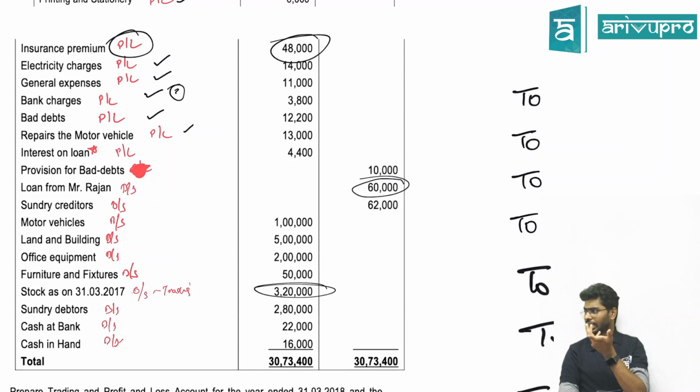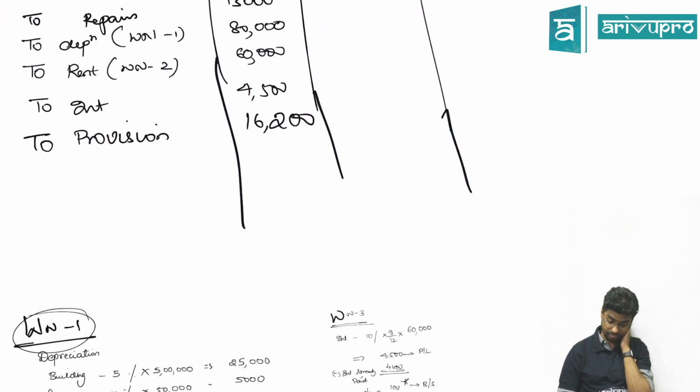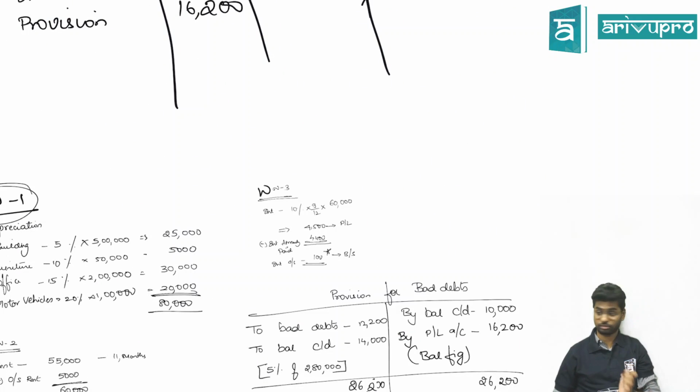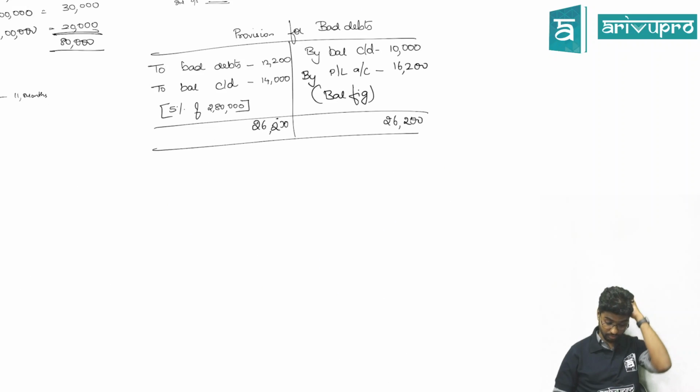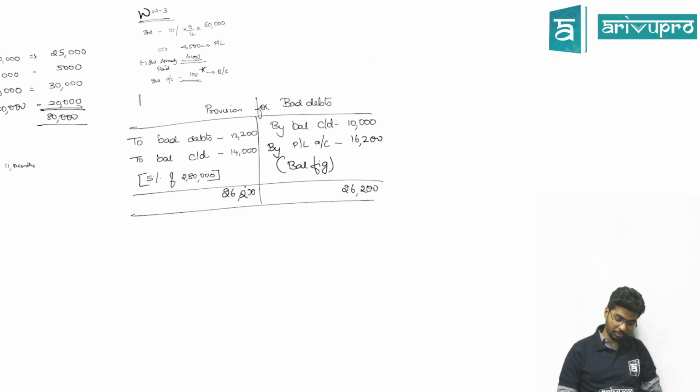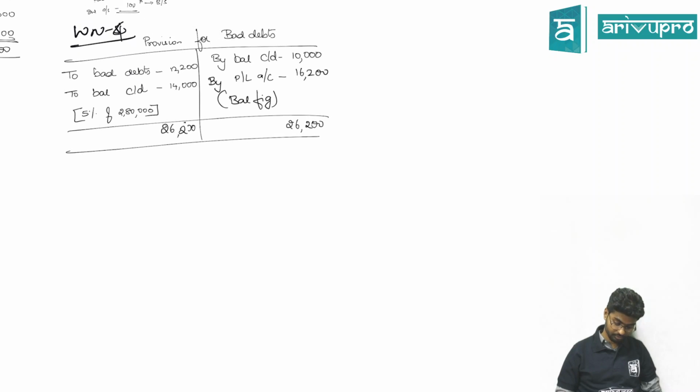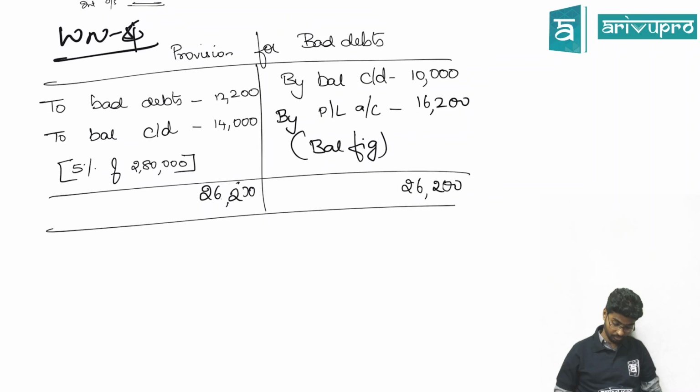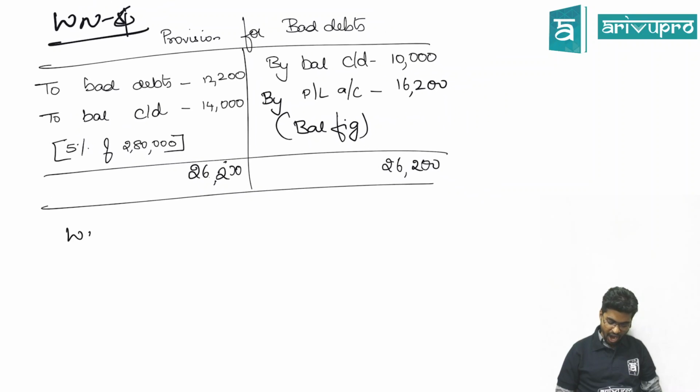Reduce it from the capital. So adjustment number 1. So which working note? Working note number 5.